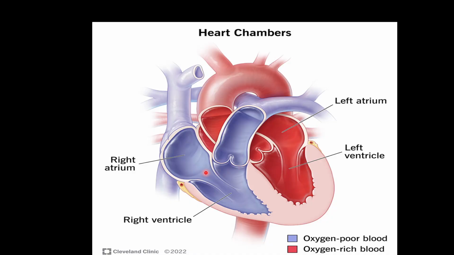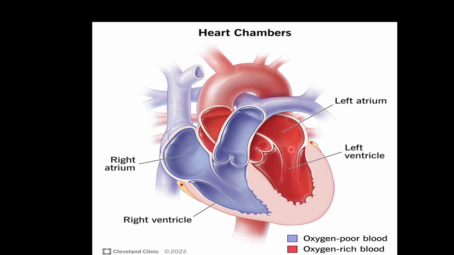That is right auricle, left auricle, also called right atrium, left atrium, right ventricle, and left ventricle. All these chambers are connected together because the right auricle is connected with the right ventricle by an opening called the right auriculoventricular opening.